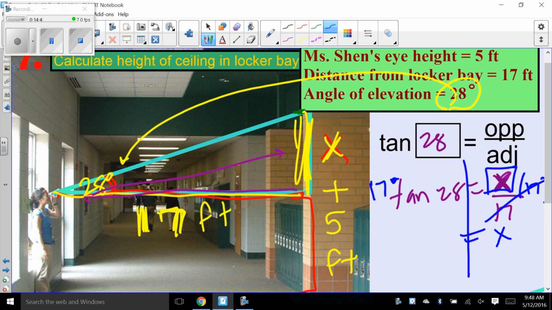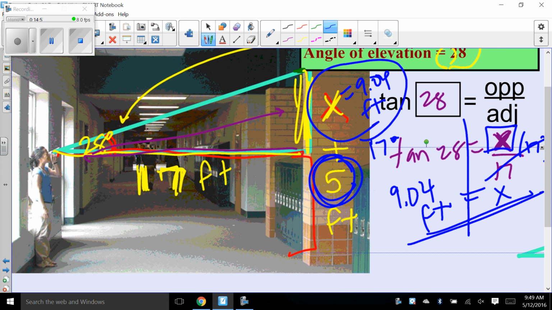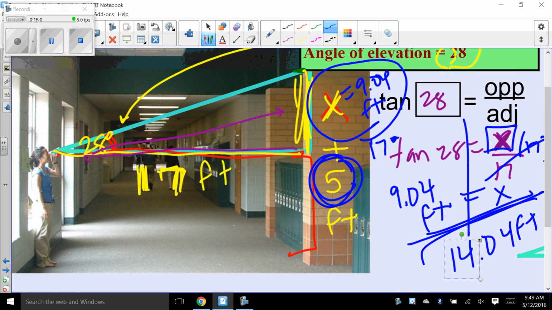So we get 9.04 feet. Plus the 5 feet from her eyeballs, the grand total height of the locker bay is 9.04 plus 5, which is 14.04 feet.